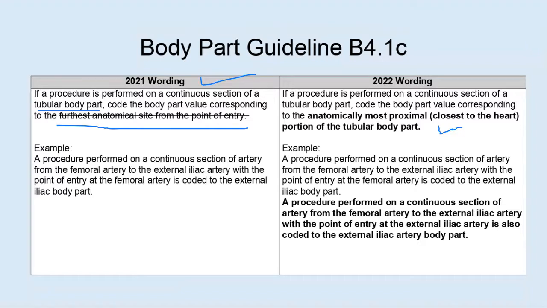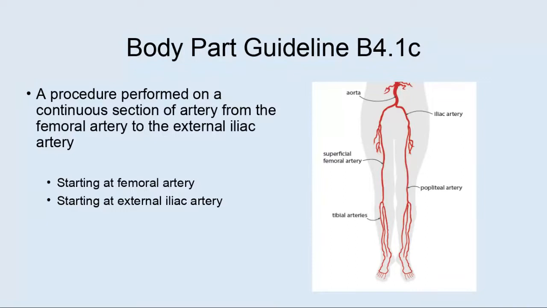And here's another change, but I think this is illustrated best on the next slide. So if the physician goes in at the femoral artery and goes up to the iliac artery, you code it to the iliac artery because that's closest to the heart.